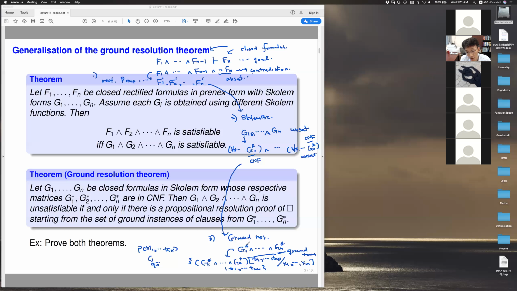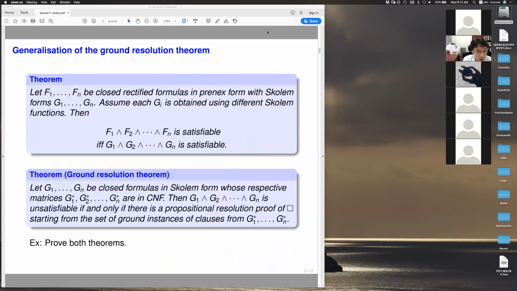So that gives us a semi-algorithm. The first theorem justifies the first step, and this ground resolution theorem justifies the second step. It appears here because it is a slightly generalized version of the usual resolution theorem for multiple formulas. Okay, so that's the reminder of where we are.